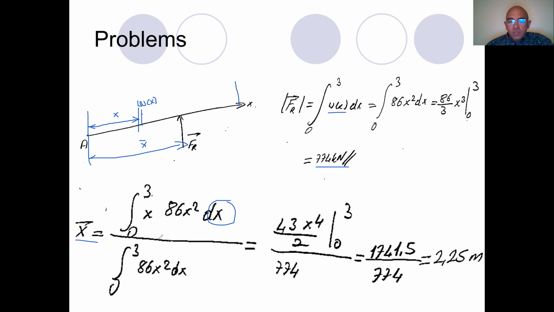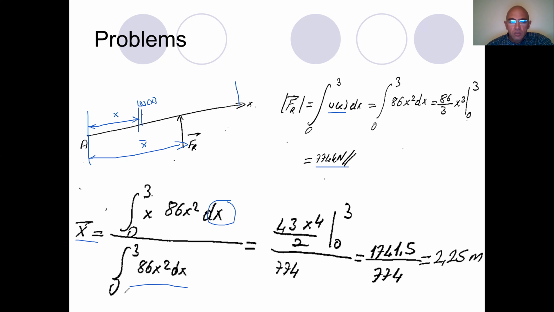And this is the magnitude of the resultant force. This integral will give us the moment. If I do this integration, it will be x cubed, and as a result, it is x to the power 4 divided by 4 multiplied by 86. So if I simplify it, it is 43 divided by 2.